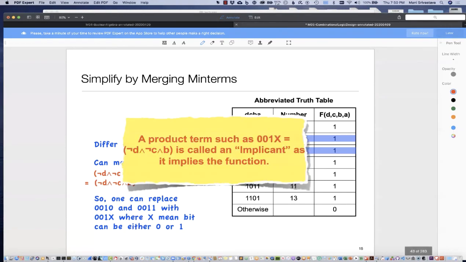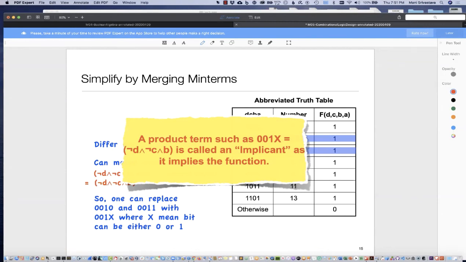Okay, so a product term like this, which does not have all the inputs present. Remember, after I merge two minterms, it has fewer variables occurring in it, right? It's no longer a minterm because it doesn't have all the inputs present, but it is called an implicant. It's called an implicant because it implies the function.